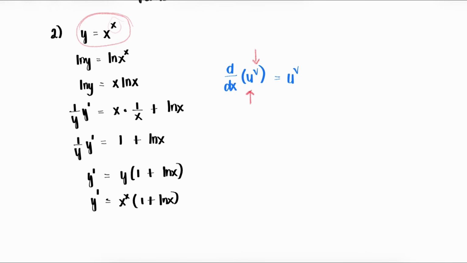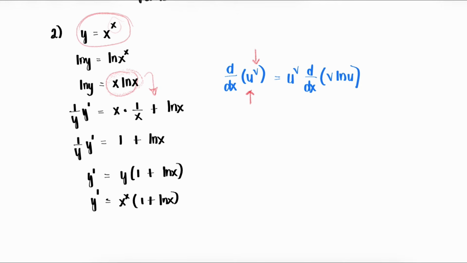And then you multiply it by the derivative with respect to x of v ln of u. So where is this v ln of u in our example? This is our v ln of u. So we solve for the derivative of v ln of u, which is this one. So that is our formula for logarithmic differentiation.